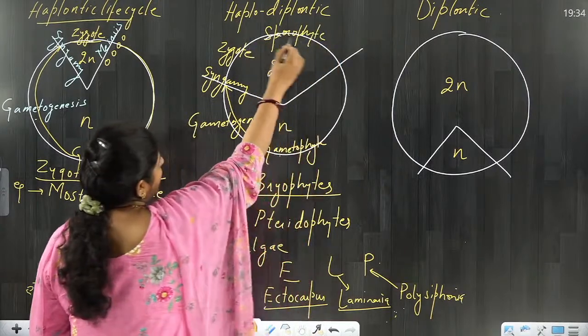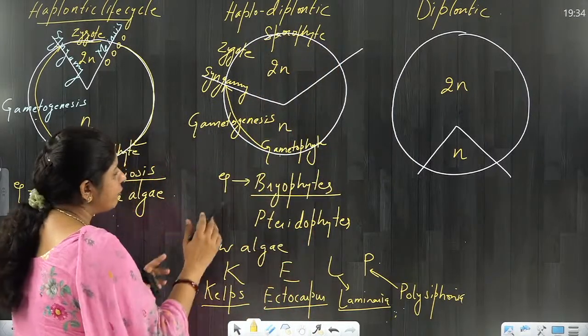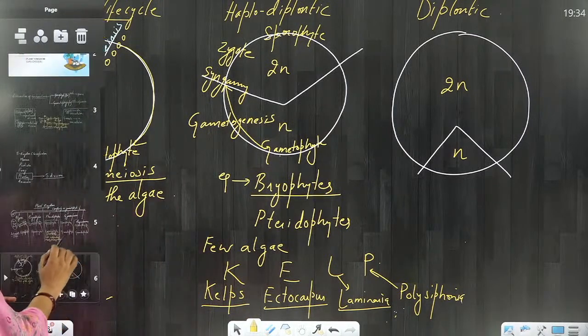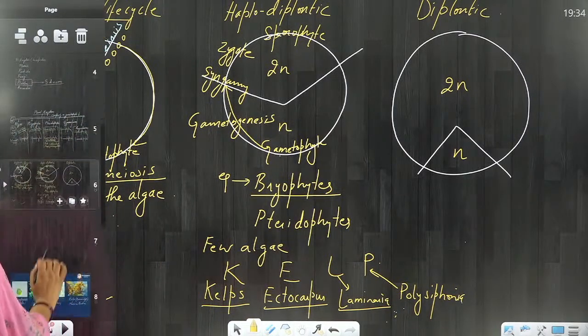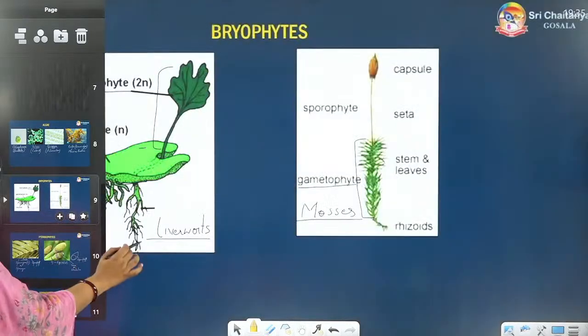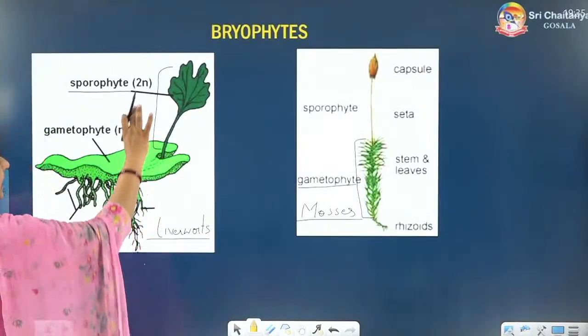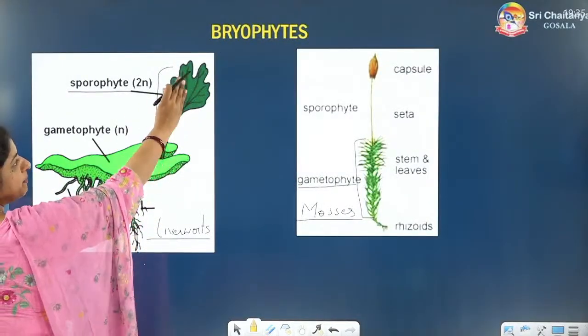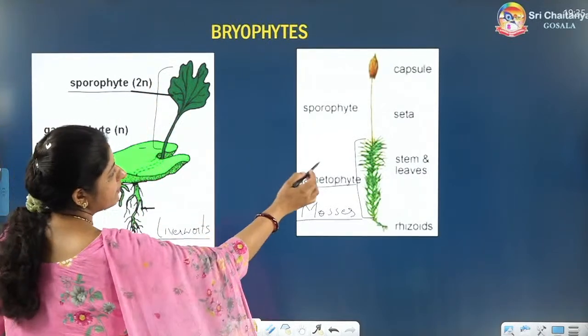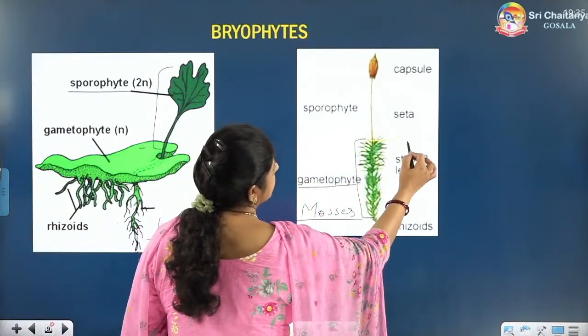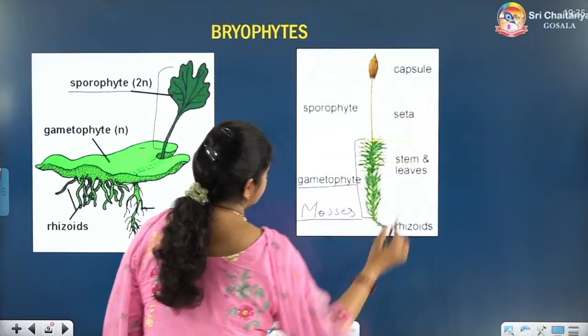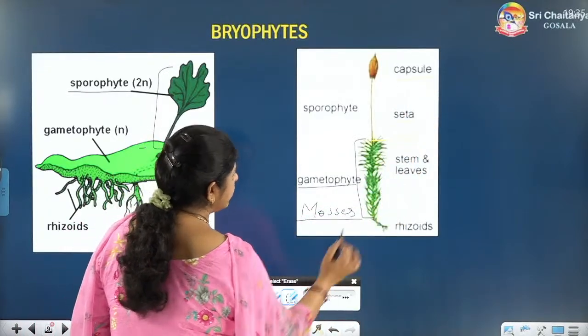Means embryo will form, then sporophyte. And if you remember this structure, I already mentioned to you that this is a bryophyte and this is a sporophyte, which is formed later.